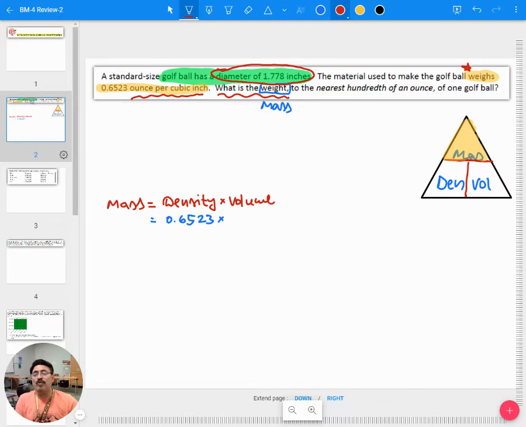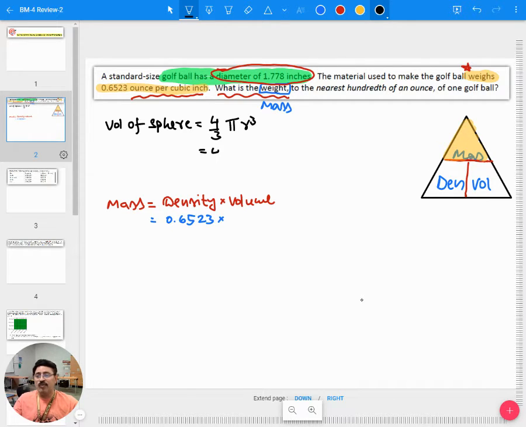So, how to find the volume of a golf ball? A ball is in the shape of a sphere. Therefore, we have to find the volume of the sphere. Let me do that part first. Volume of a sphere equals 4 by 3 pi r cubed.